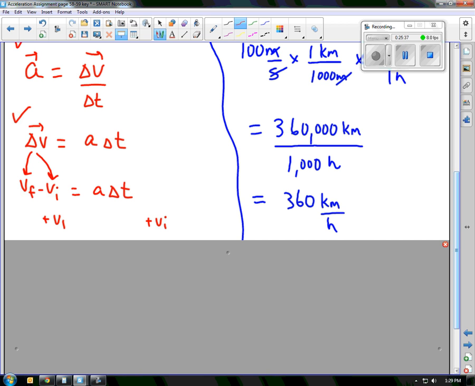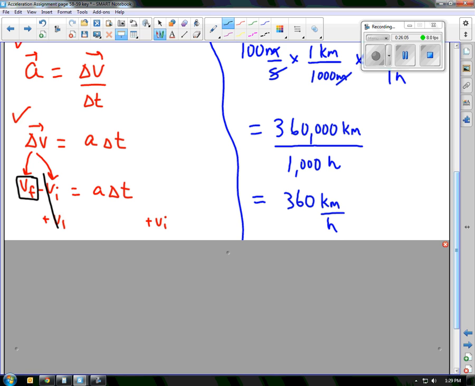And then you have to isolate v final. That's what we're trying to find our formula for. So you have to get rid of v initial. How would you do that? You do that by adding v initial to it. Negative v initial plus v initial is going to cancel out that v initial there.